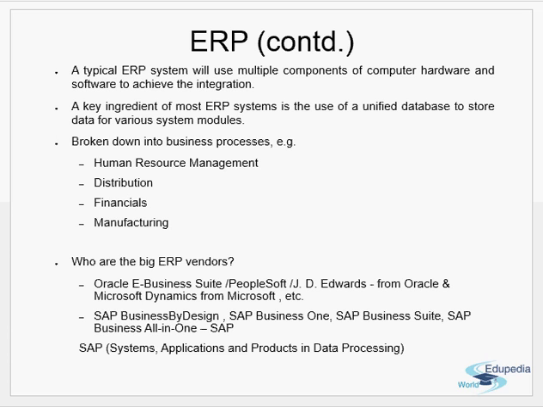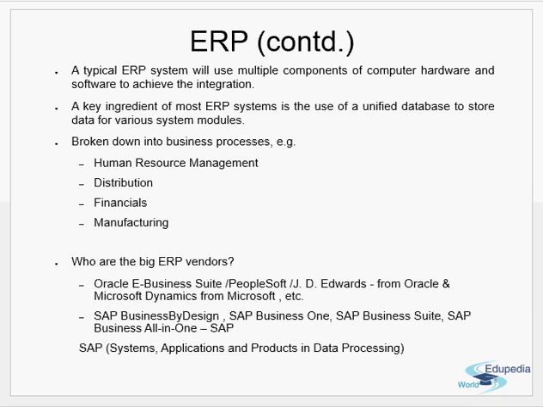A key ingredient of most ERP systems is the use of a unified database to store data for various system modules. So that is the key. The backbone of any ERP system is a database. This ERP software is broken down into different business processes, like human resource management, distribution, financials, manufacturing. You can have n number of business processes.